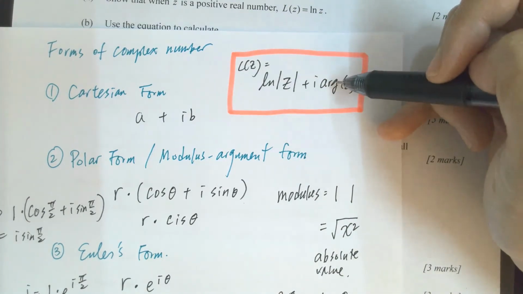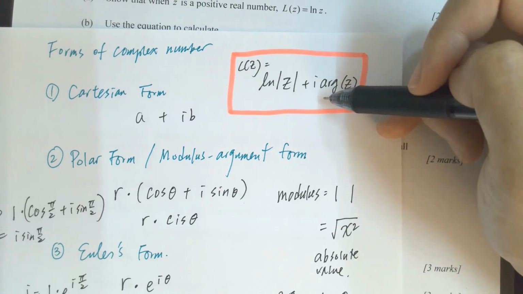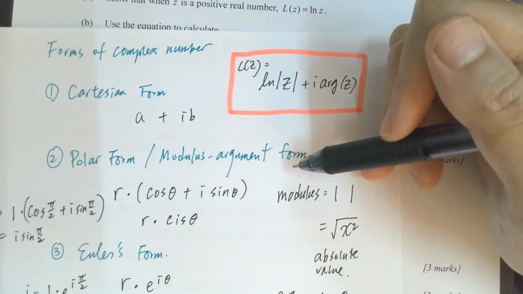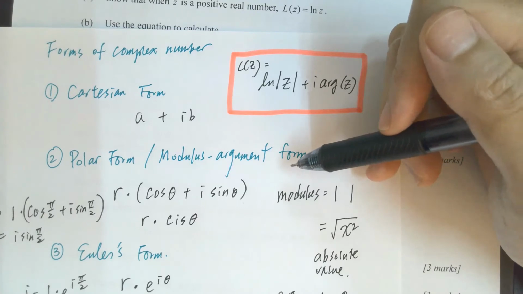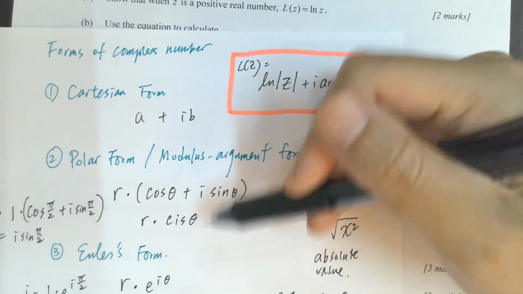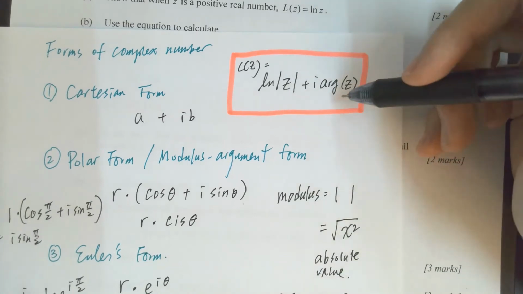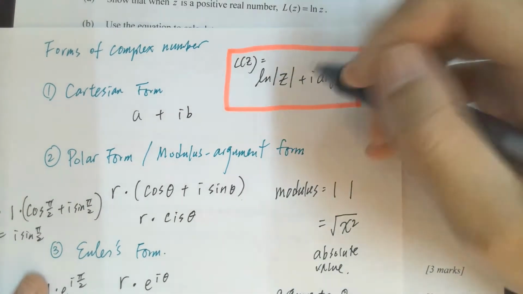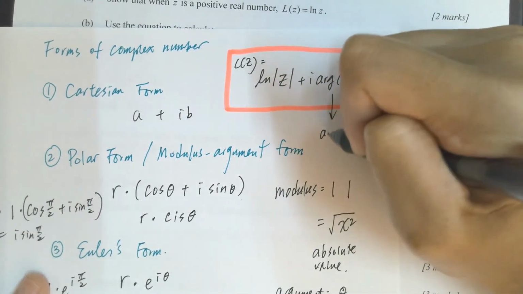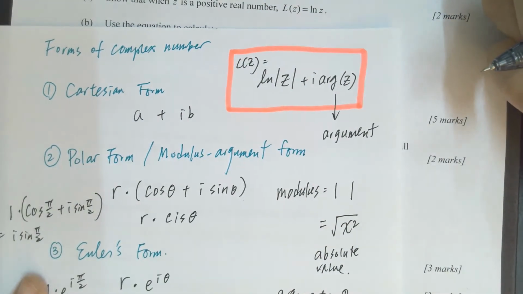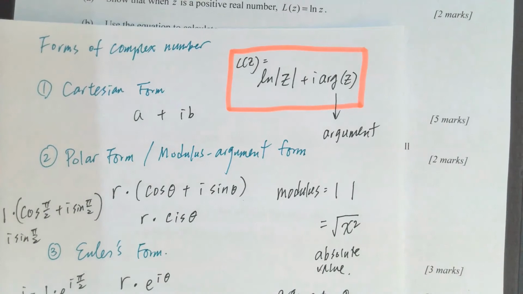So it's trying to mimic your modulus-argument form, right? But in essence, all these forms are interconvertible, so it doesn't really matter which one you're looking at. But you have to understand that this is the argument. So let's go back to the question.